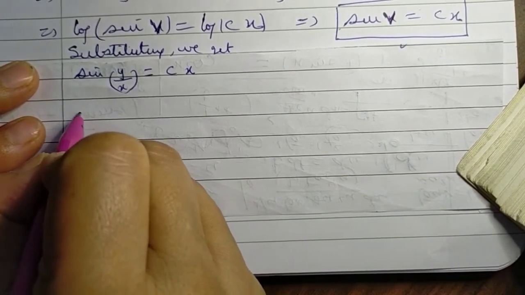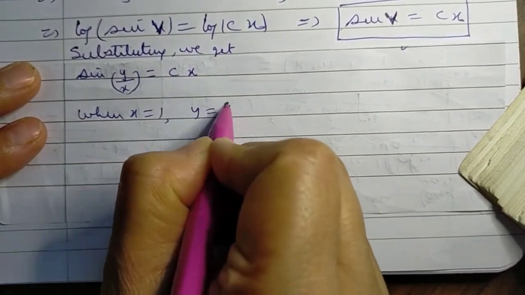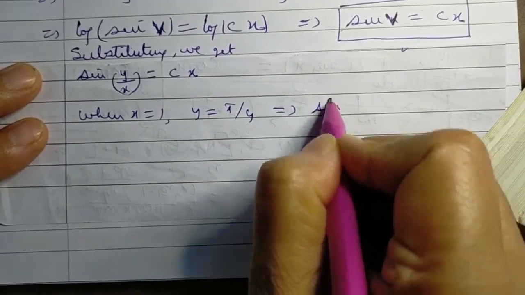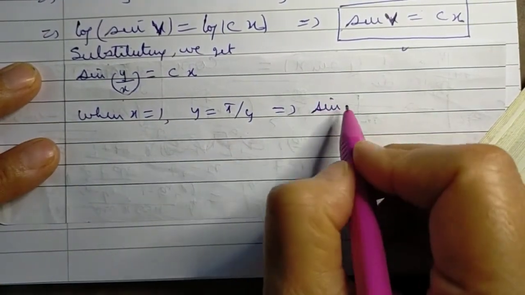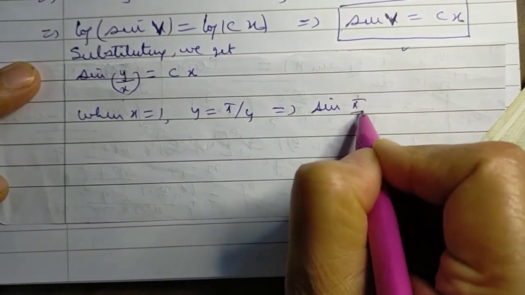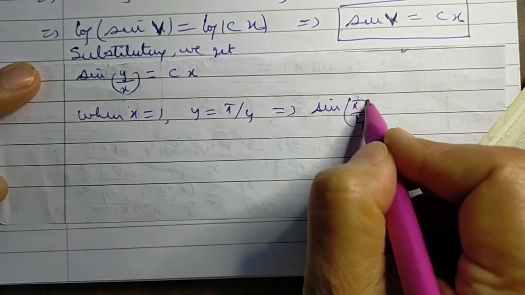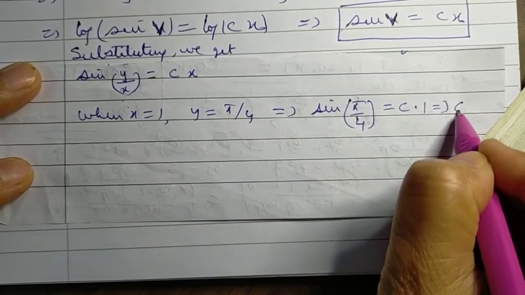The initial conditions are that when x equal to 1, y equal to pi by 4, and so we put y as pi by 4 and x as 1, which gives us the value of c.